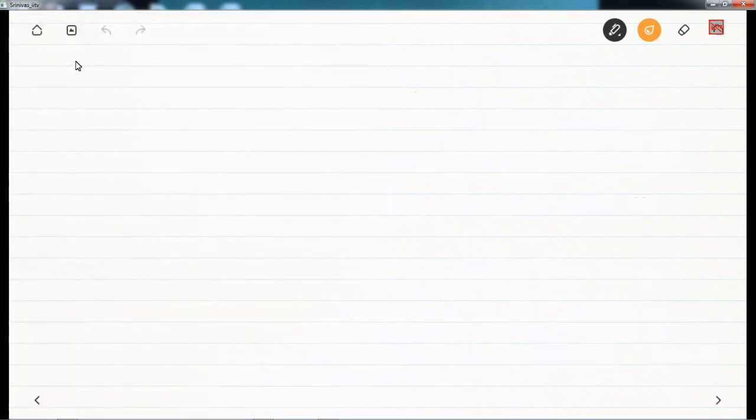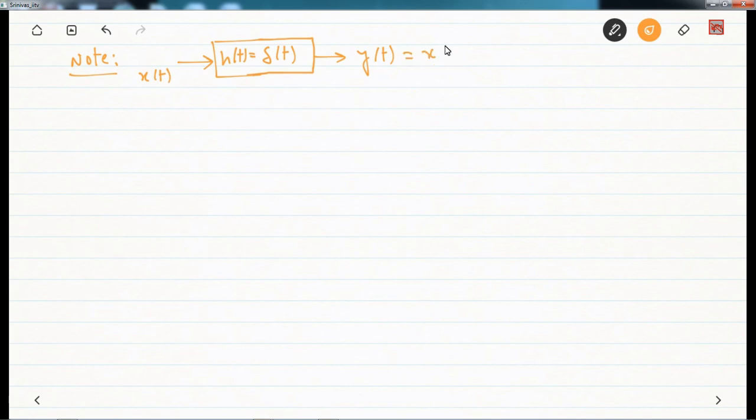Here maybe I'll write: if h of t is equal to delta of t, then y of t is equal to x of t, because y of t is the integral of x of tau delta of t minus tau d tau, that is equal to x of t.